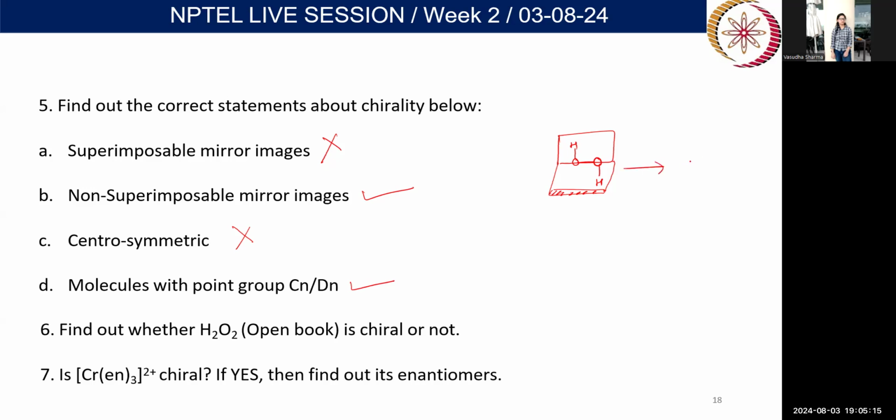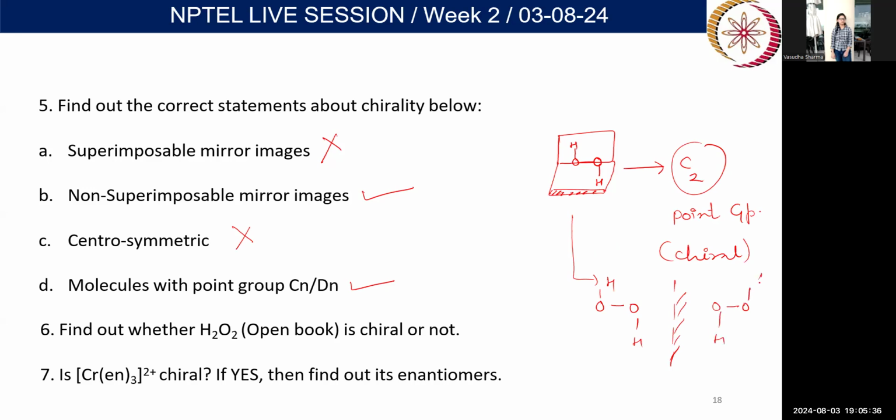If you see, this only has the C2 point group, no other element is present, and that is chiral. But this O-O bond, if it gives you a mirror image, it would form this way, but due to single bond rotation, it would again form this.